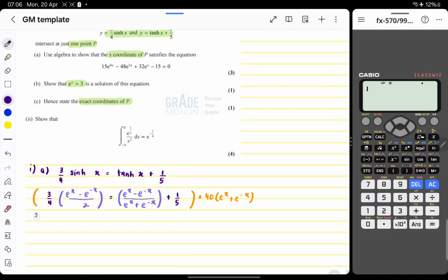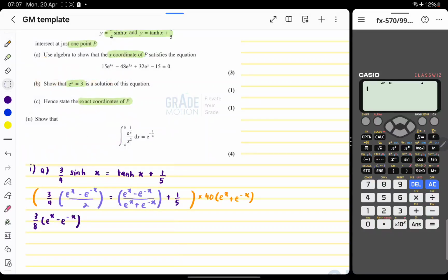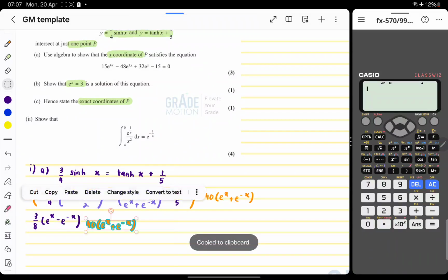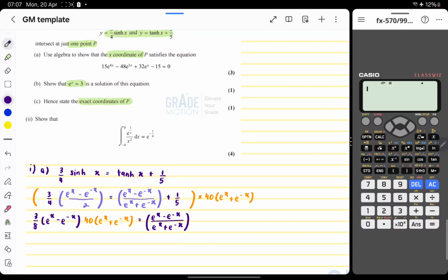Now, here we will have 3 over 8 e^x minus e^negative x. Okay, let's copy back what we multiply. Now this is equal to e^x minus e^negative x over e^x plus e^negative x, multiply by 40.